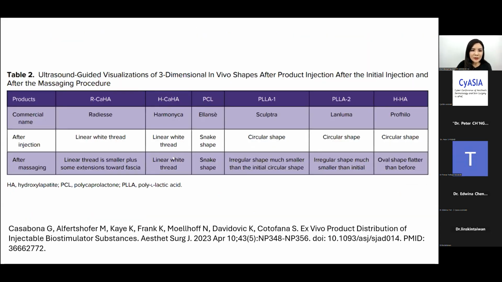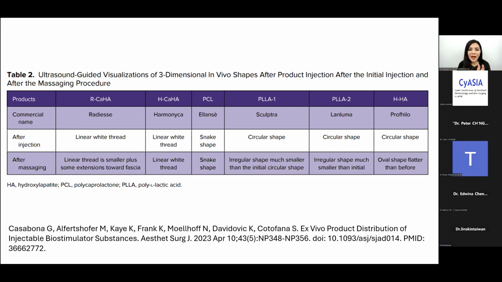The other thing you may need to know is how it looks underneath your skin. These studies also show that after injection, in the ultrasound, you can see that Radiesse or CaHA has a linear white thread. You can see the white substance underneath because it's calcium, right?